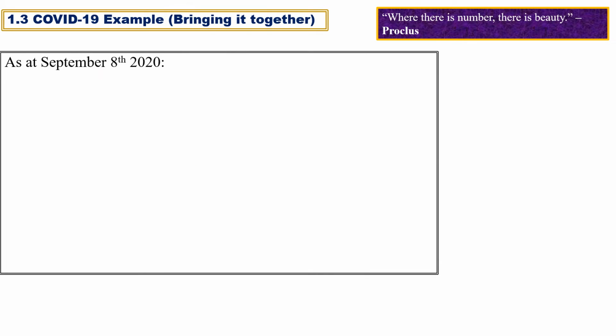So let's use a COVID-19 example to bring it all together. As at September 8th of 2020, this year, the total world population was estimated at 7.8 billion. This is our population.